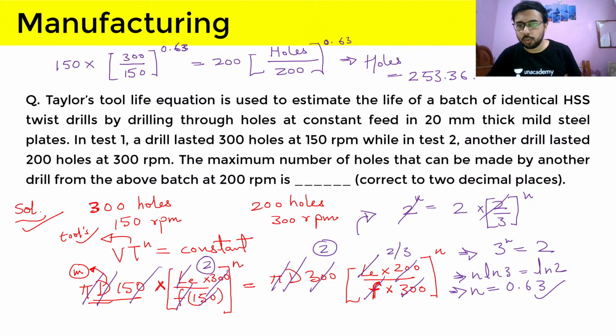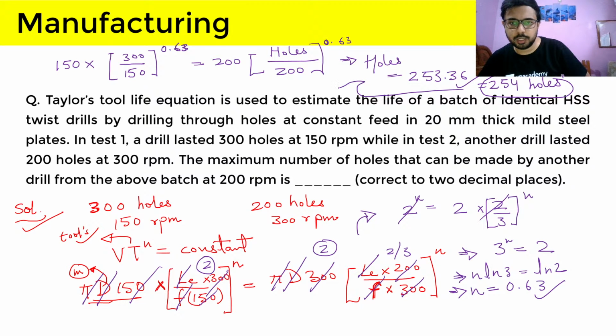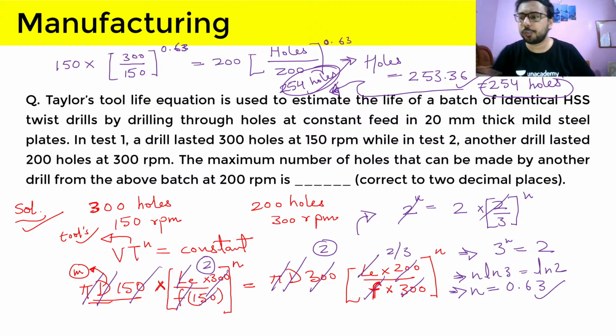It is nearly equal to, since it is given that we have to write correct up to 2 decimal places, so you can write 253.36, or you can just round it off and write 254 holes. I hope I can write this here also, so that my video footage is not hiding it. So this is the correct answer, 254 holes. Or if you want to write in decimals, that is also an option, because of the line correct up to 2 decimal places, you have to write 253.36.